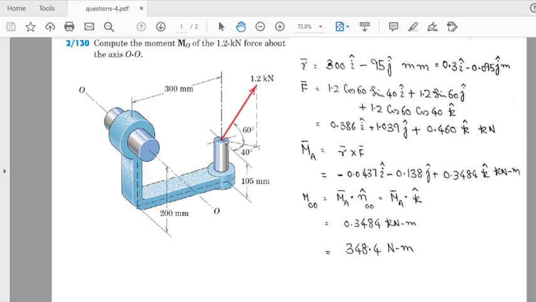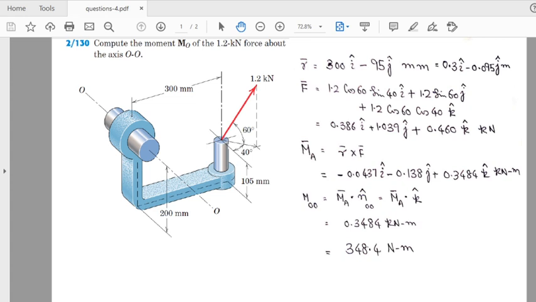So the coordinates of this point, which is the base of this vertical cylindrical portion on which this 1.2 kilonewton force is applied, are going to be 300 millimeters in x direction and 105 millimeters in y direction.